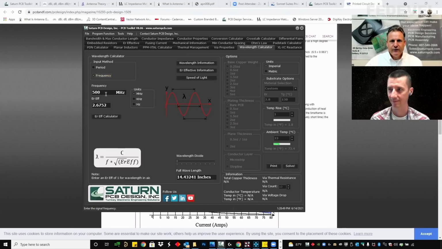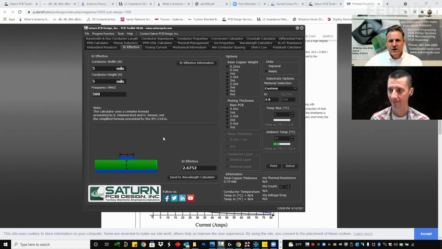So at a frequency of 500 megahertz, quarter wavelength is 3.6 inches. If I change this to 1, which would be air, it would be 5.9 inches. So that's where that comes from. So the ER effective changes your impedance, basically. Okay, so we can go back to the wavelength calculator. So that's the next step.